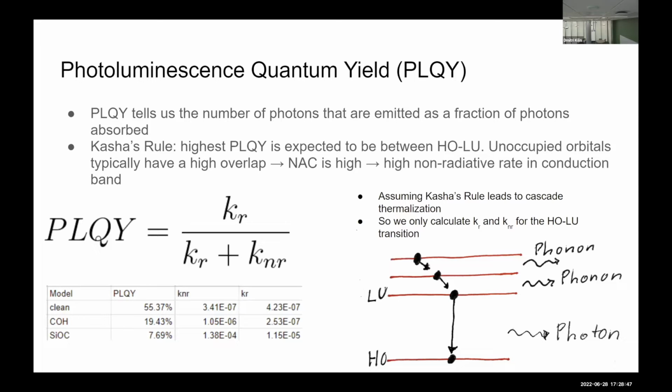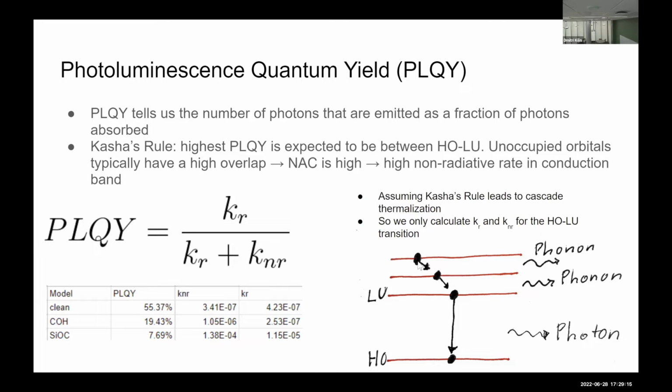Combining those two rates, we're going to be able to get this photoluminescence quantum yield, which is a lot of words, but basically all it's saying is how many photons are emitted as a fraction of how many photons are absorbed. The big assumption that we make when we're calculating this is called Kasha's rule, which down in the bottom corner is a good kind of explanation of it.